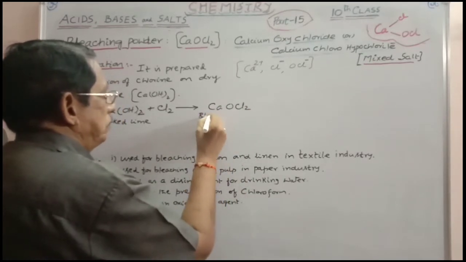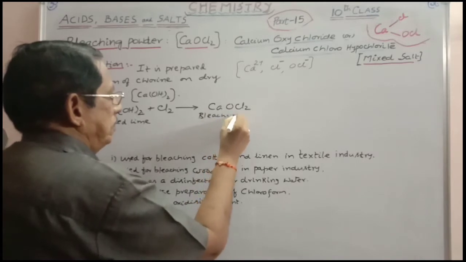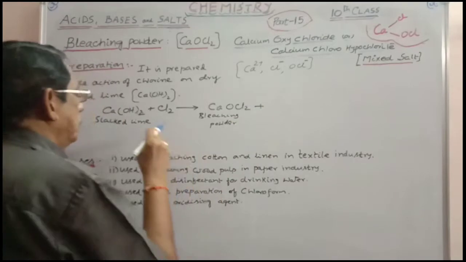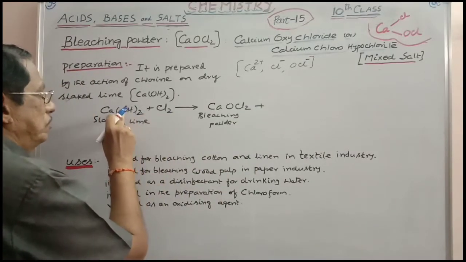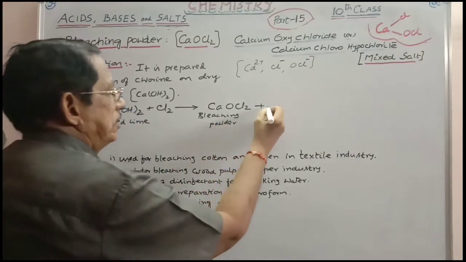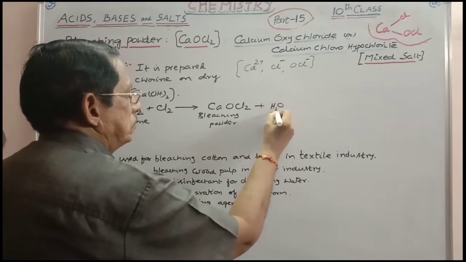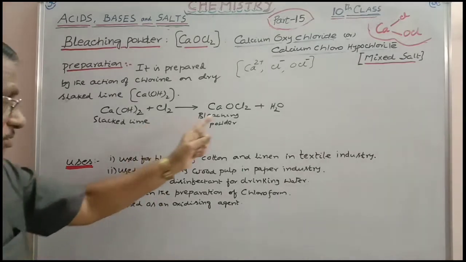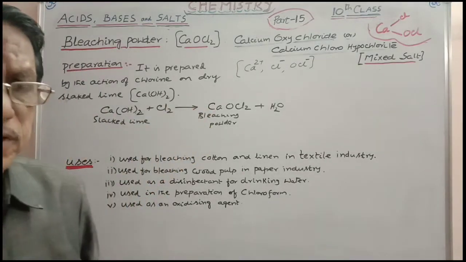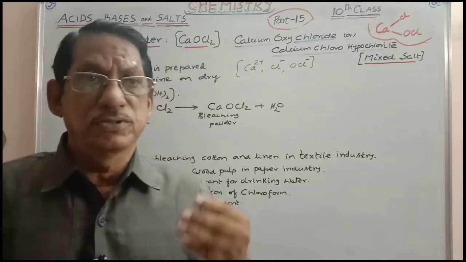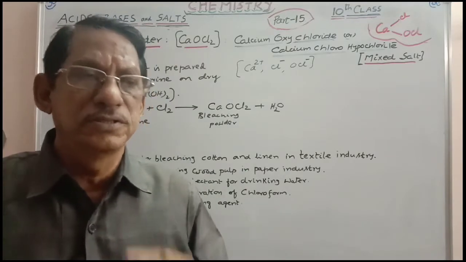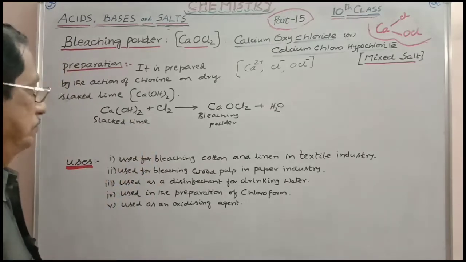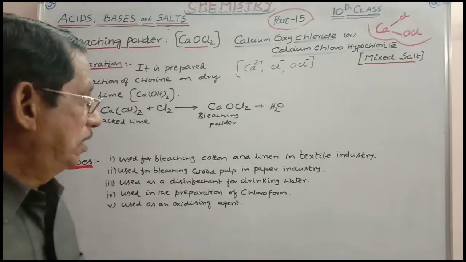This is bleaching powder, right? CaOCl2, and one O and 2H remain here, that is H2O. The equation itself is balanced. So this is the preparation of calcium oxychloride, calcium chlorohypochlorite, common name bleaching powder. So the preparation is over.